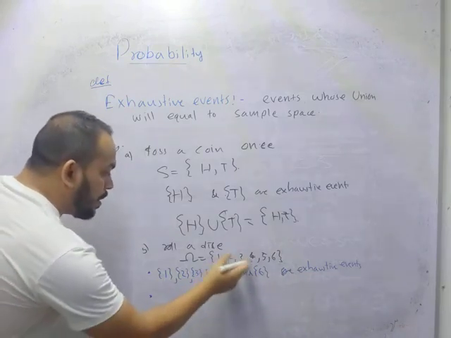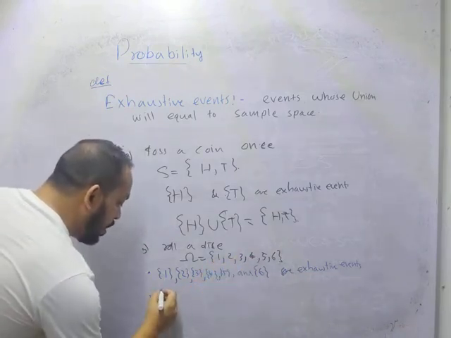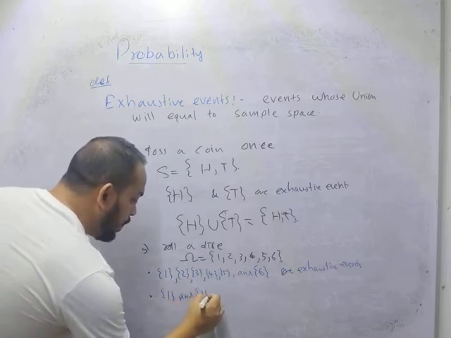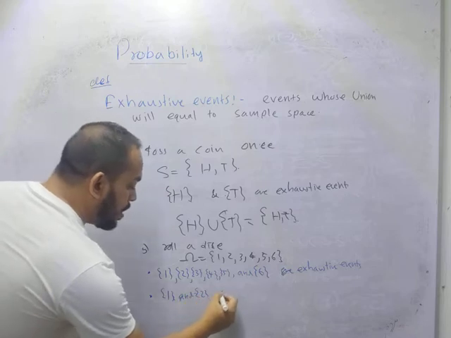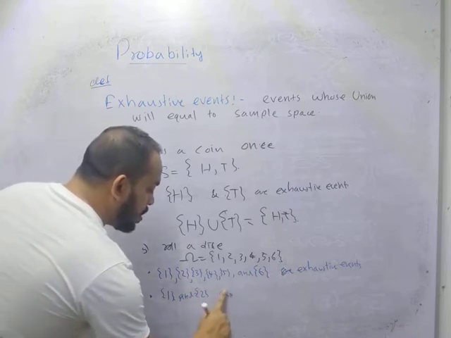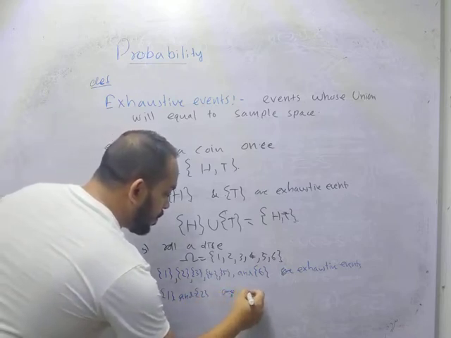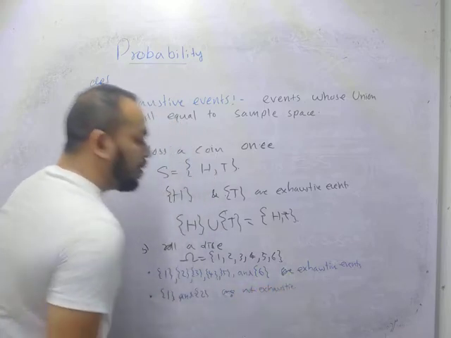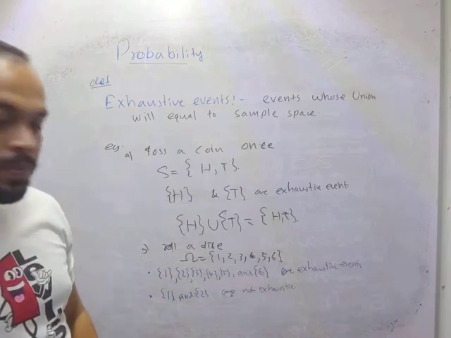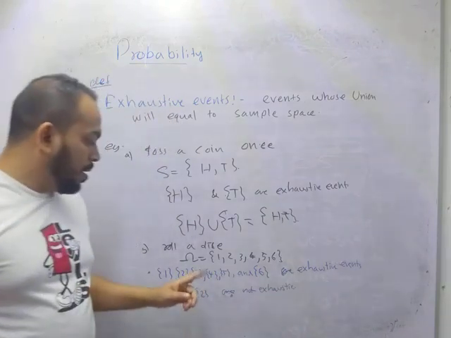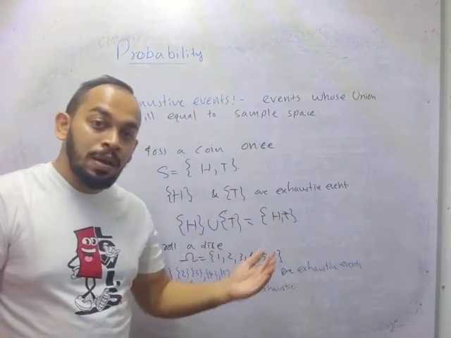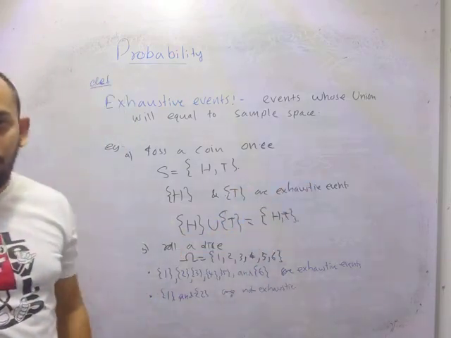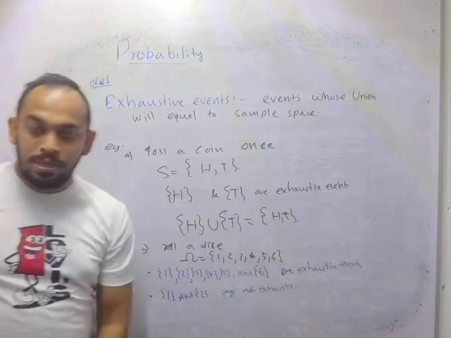But if you just pick one or two, let's say event 1 and event 2, if you consider only 2 events, in this case they are not exhaustive. So for events to be exhaustive, when you take the union of all of them, it should represent the sample space. Otherwise, they are not exhaustive events.